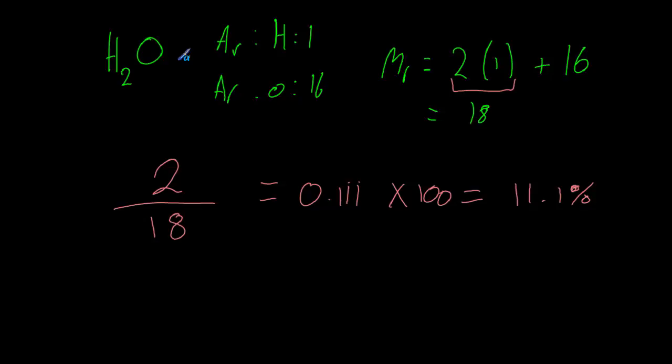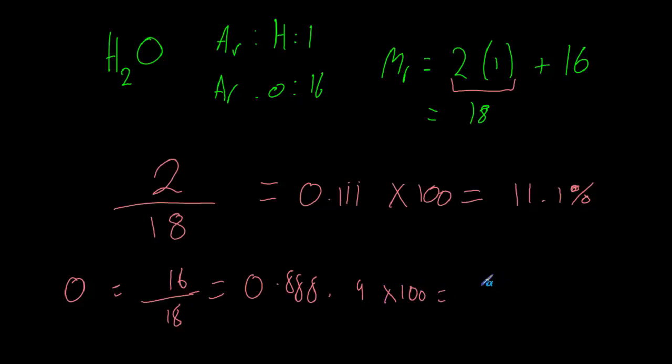And I could prove that by saying oxygen is equal to, well, how much does oxygen weigh? 16 divided by our total, which is 18, which will give us 0.888 and so on, which we will times by 100, and to 3 decimal places, that is 88.9%. And so that is another way to check whether you've done the right thing. If these percentage compositions add up to give 100%, then you have probably done it right.